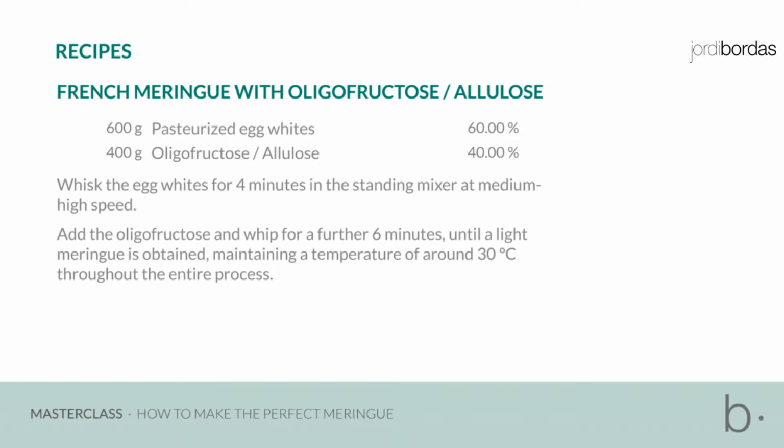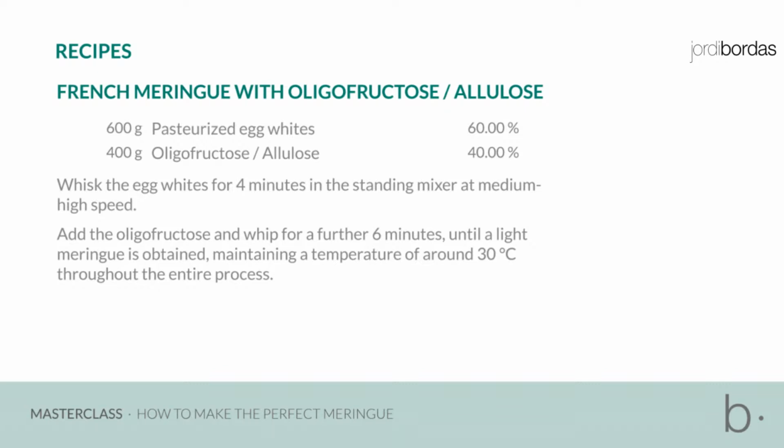Once we start to whisk, we heat up to 30 degrees, and like that the proteins are going to develop much better. Once we have soft peaks, that we have volume, we add oligofructose or allulose, and then we finish whisking 6 minutes more, and we can use this meringue in any recipe of mousses.